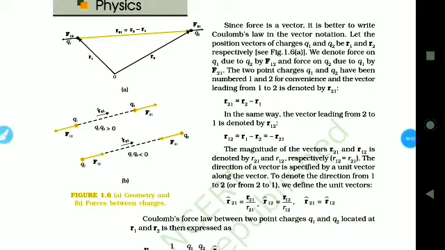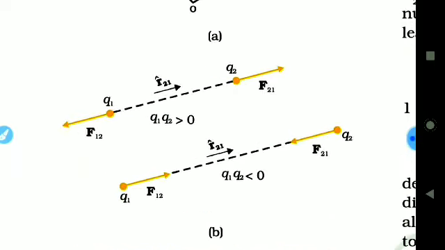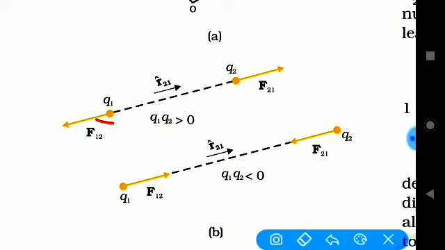Now let us see Coulomb's law in vector form. Students, we know that force is a vector quantity, and if a force acts between the two charged particles Q1 and Q2, then that force can be repulsive or that force can be attractive.